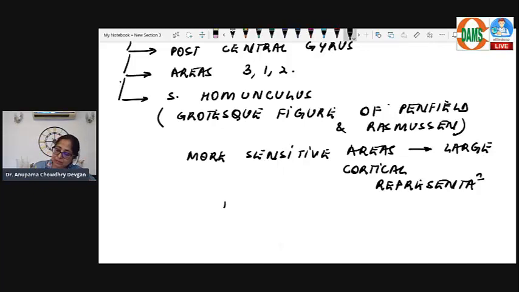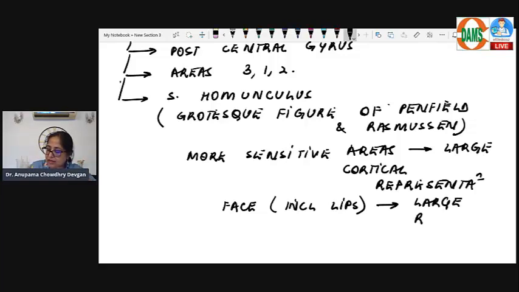For example, the face area, including the lips, has a large representation, because the face area is a very sensitive area. Face has got a very large representation.